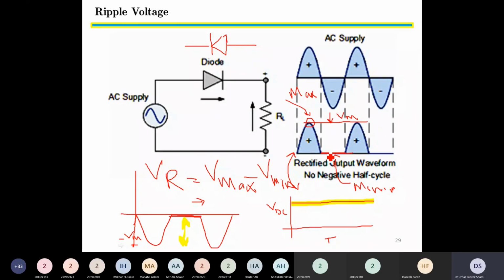When the diode is reverse biased, the diode becomes an open circuit. During an open circuit, the current is 0. When there is 0 current, the voltage across RL, which is our output voltage, will be 0 volts. So in reverse bias, we can only get 0 volts because the circuit becomes an open circuit.